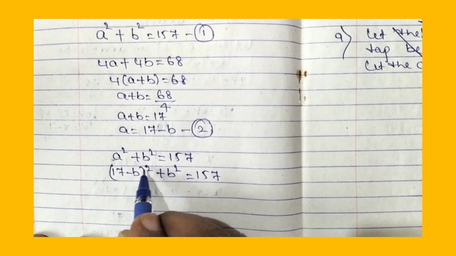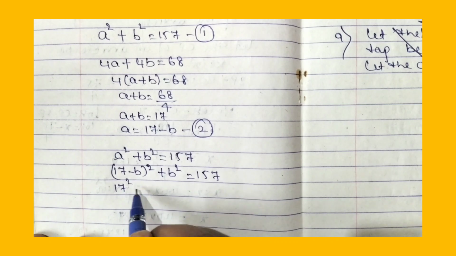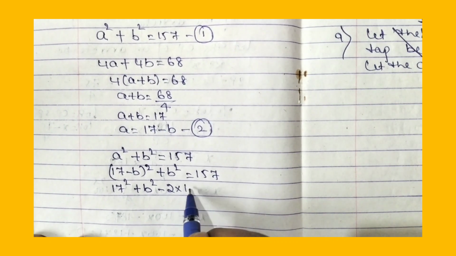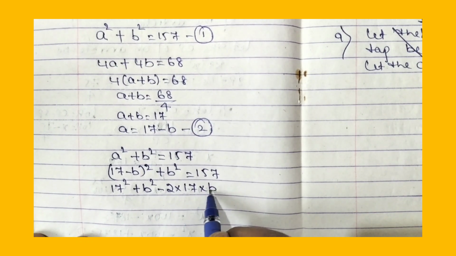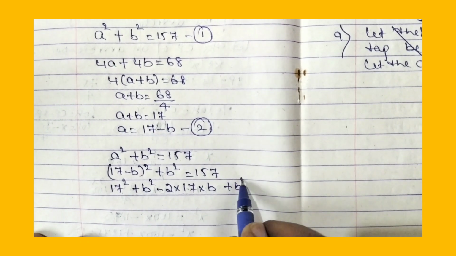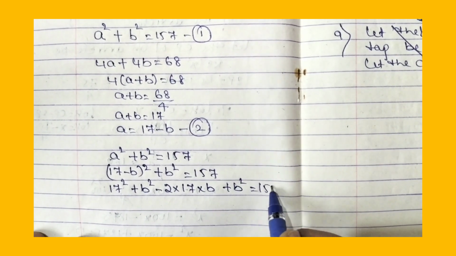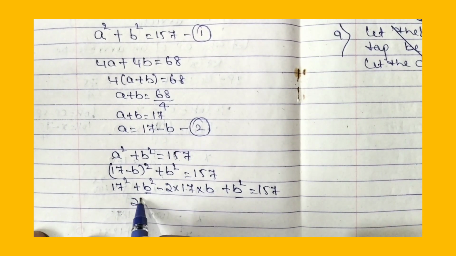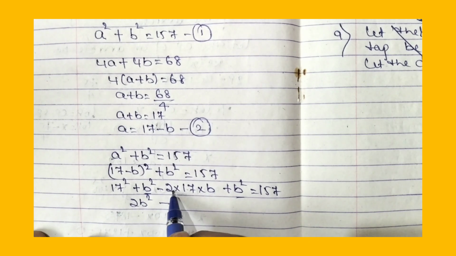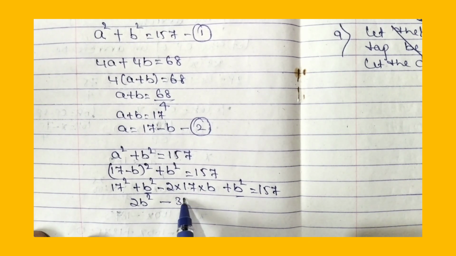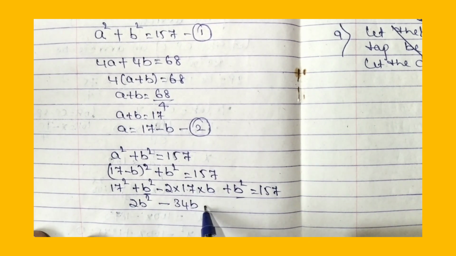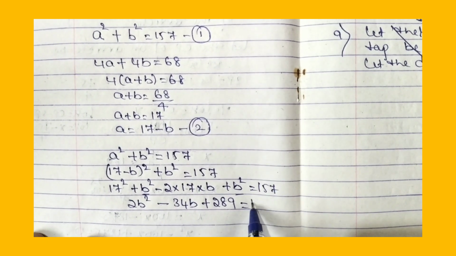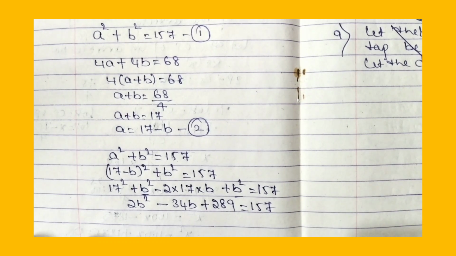So (a minus b) whole square: a square is 17 square plus b square minus 2 into a, that is 17 into b, plus b square is equal to 157. So b square plus b square will become 2b square, minus 2 17s become 34b, plus 17 square will be equal to 289 is equal to 157.